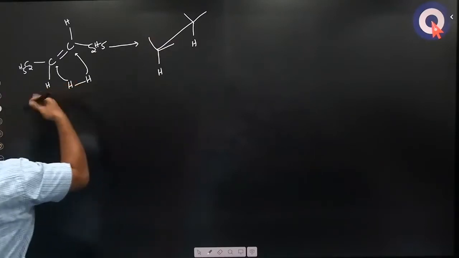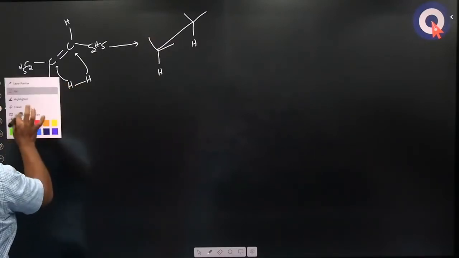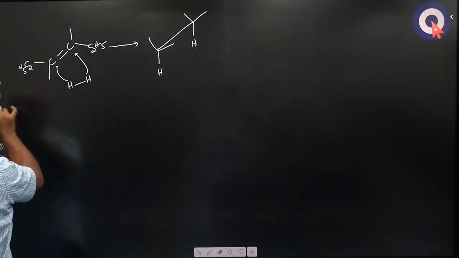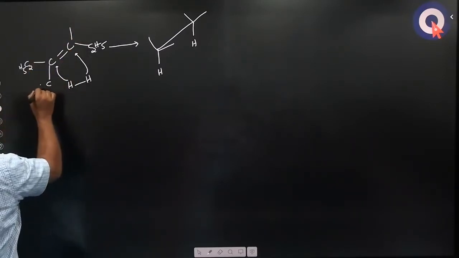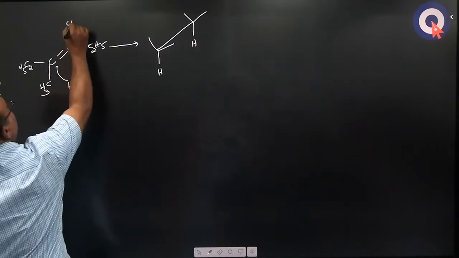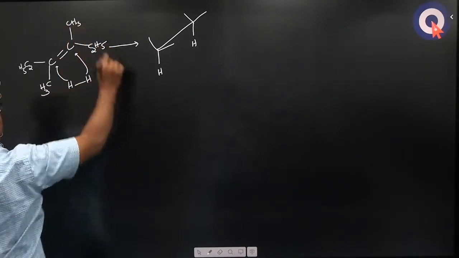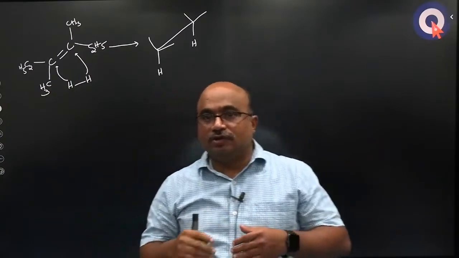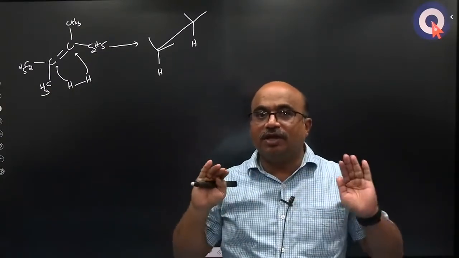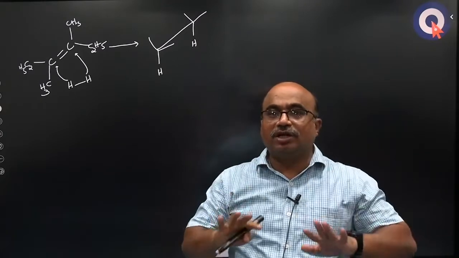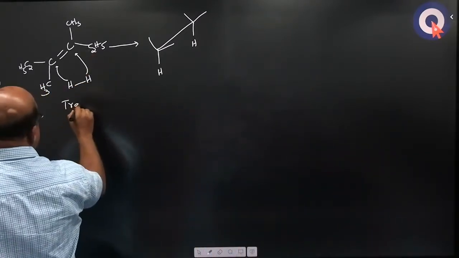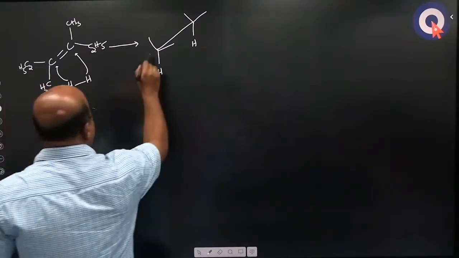This compound will not give it for us, so let us make this change a little bit. Suppose we have CH3 and CH3. From this point of view, hydrogen is added in a syn addition to the trans molecule. So this is a trans, and we are adding by the syn path.